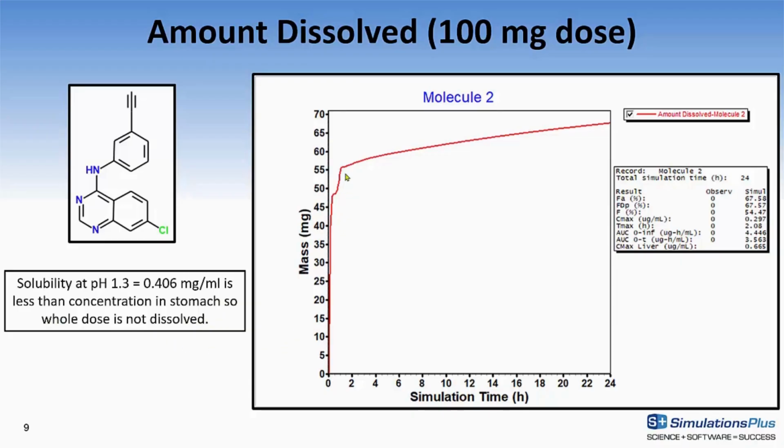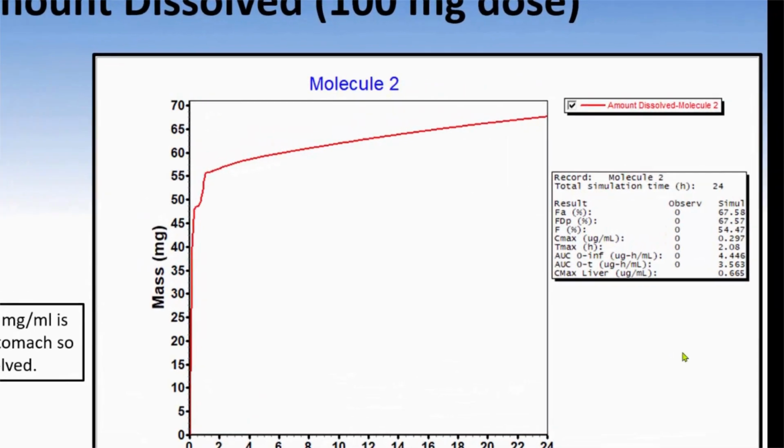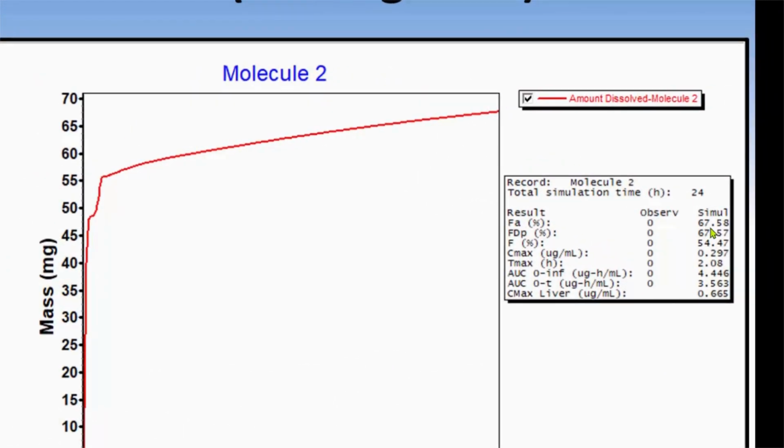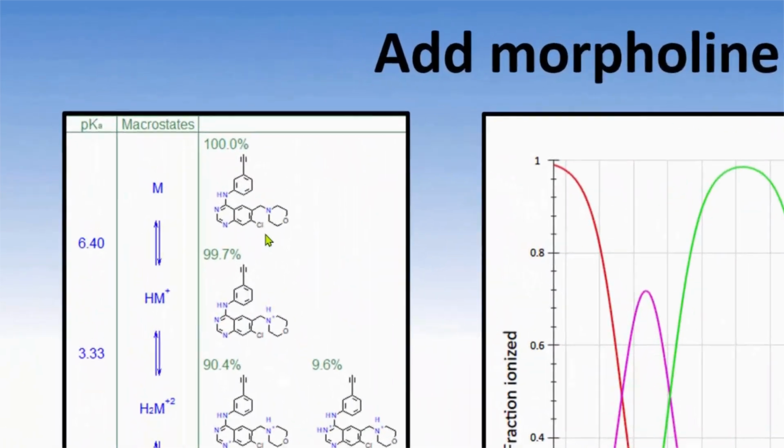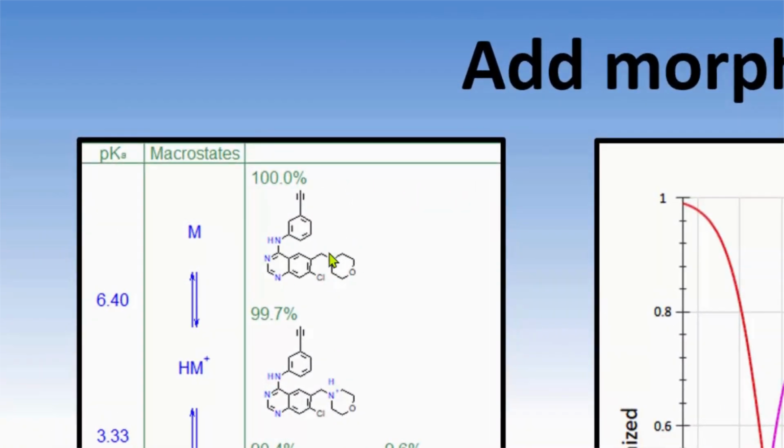Then it starts to work its way down the GI tract, an additional amount dissolves, and after about 2 hours, it slowly dissolves. But the oral fraction absorbed is only 68% in this example, and that's because of the low solubility of the compound.